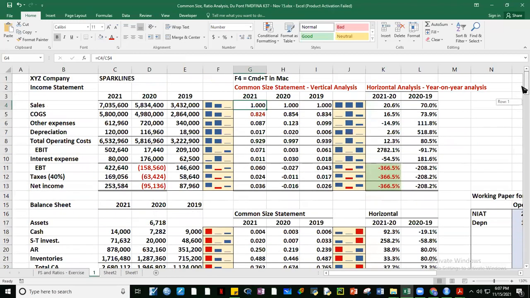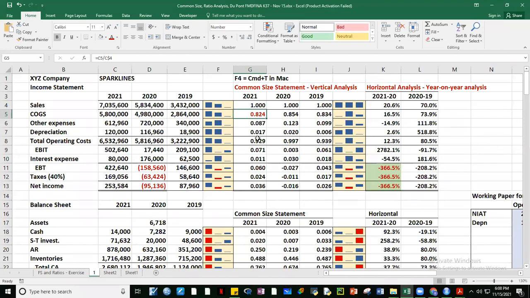So what we learned before was just one formula, and then we can construct already our vertical analysis. So what does this mean? For example, 0.824, we always express or define it in terms of the ratio, cost of goods sold over sales. That means for every 1 peso of sales, the company is spending around 82 centavos for the finished product.